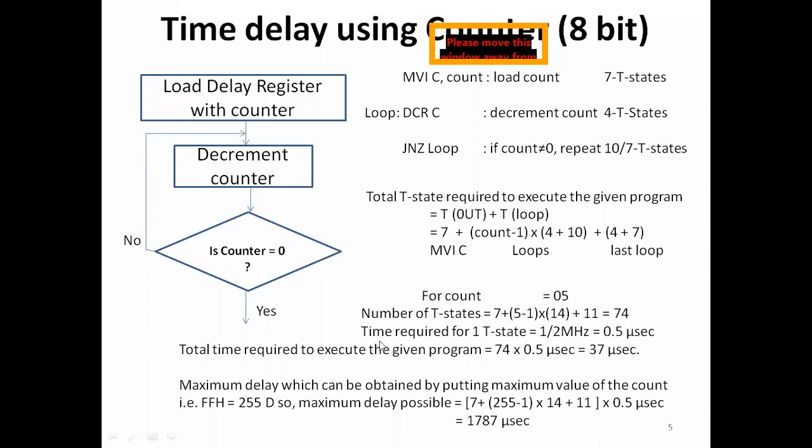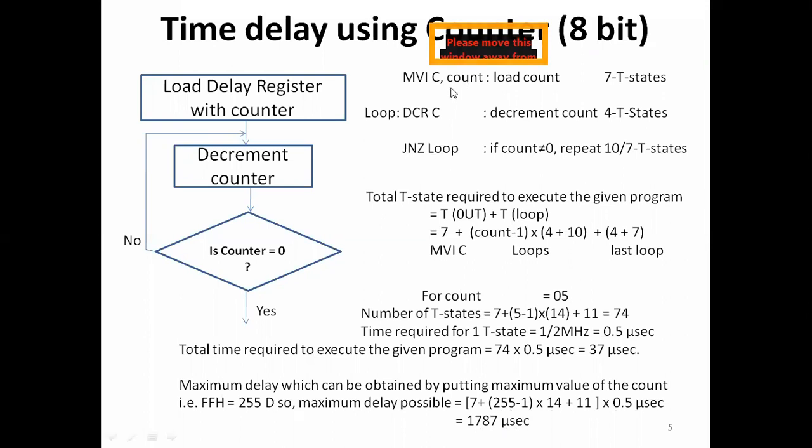So the maximum delay we can obtain with this kind of program is by putting the count value as 255: 7 plus (255 minus 1) into 14 plus 11, into 0.5 microsecond, that is 1787 microseconds. And you can say that it is equal to 1.7 millisecond. So this is the maximum delay which is possible by putting a maximum count.